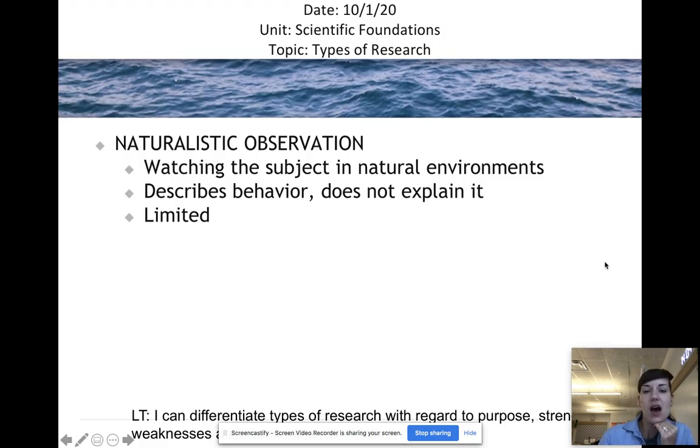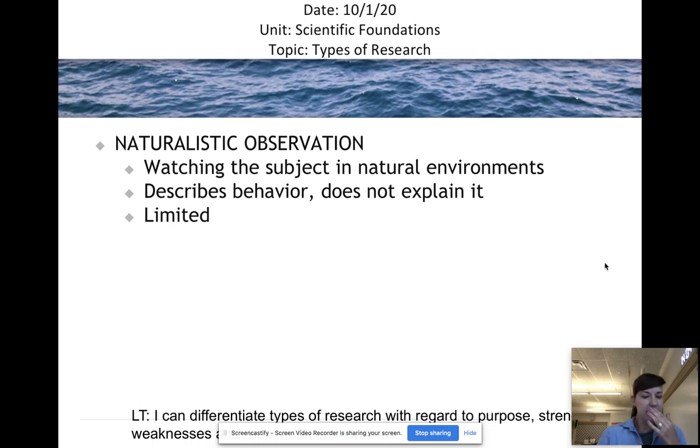Okay. Another type of research is naturalistic observation. So, this is the type of stuff that somebody like Jane Goodall did, right? She worked with apes. So, this is when we're watching the subject in their natural environment. We go to the jungle or the woods or the desert, or we're looking at people in the city, whatever it is.